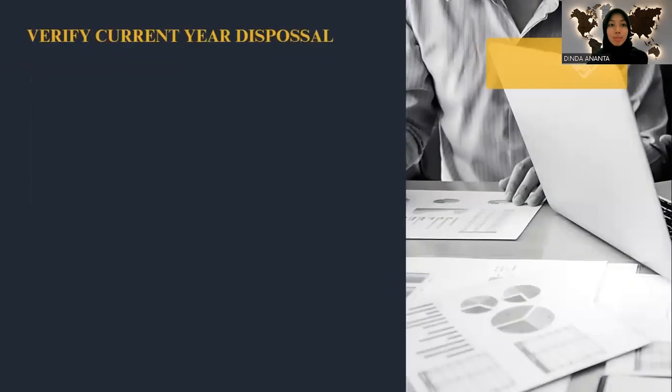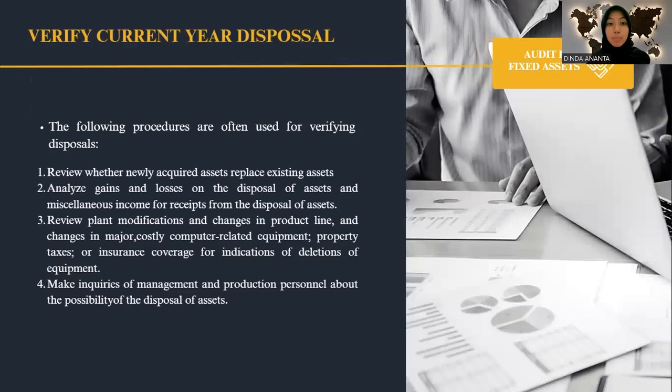Okay, the next one is verify current year disposal. The following procedures are often used for verifying disposal. First is to review whether newly acquired assets are replacing existing assets. Second, analyze gains and losses on the disposal of assets and miscellaneous income for receipts from the disposal of assets.